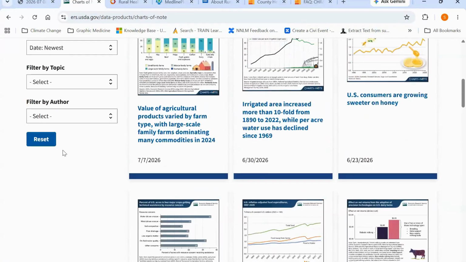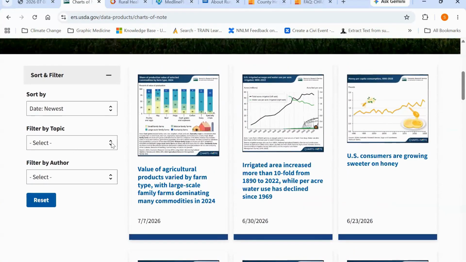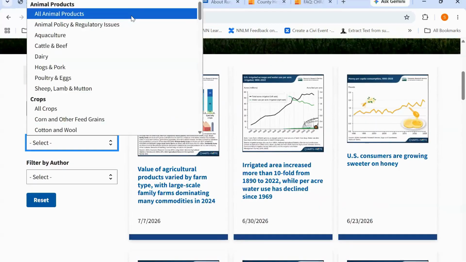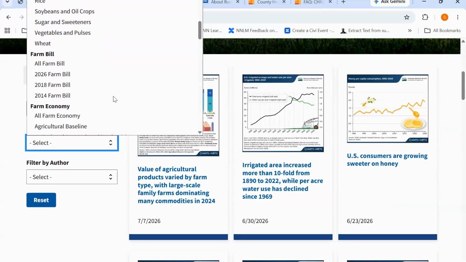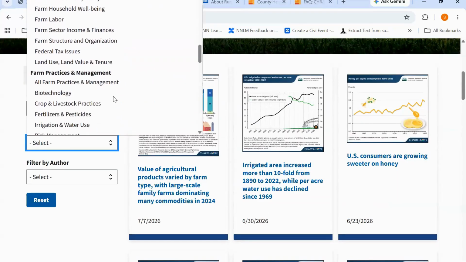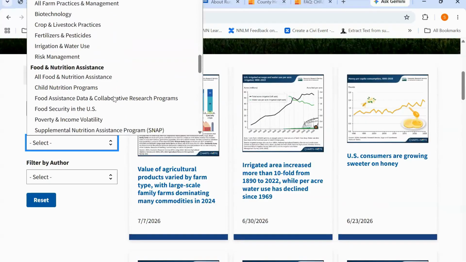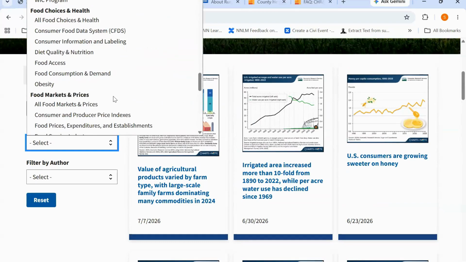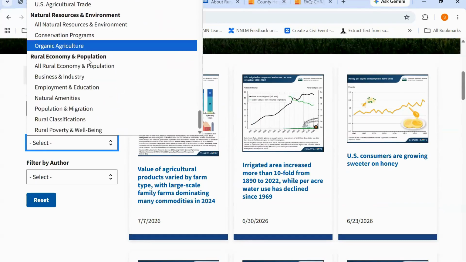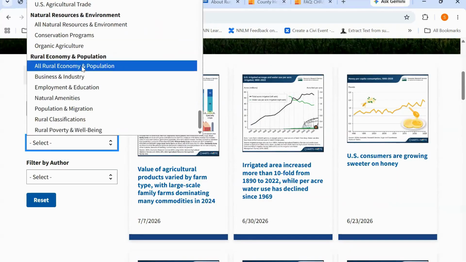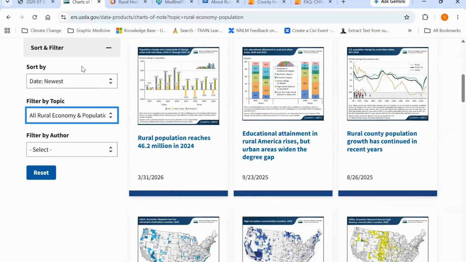So if we come back up, we have the filter by topic, and we see that there's the animal products, crops, farm bills, farm economy, farm practice and management, food and nutrition. And I'm going to scroll. And so at the bottom here is the rural economy and population. So this is a lot of what we were talking about in that earlier piece.